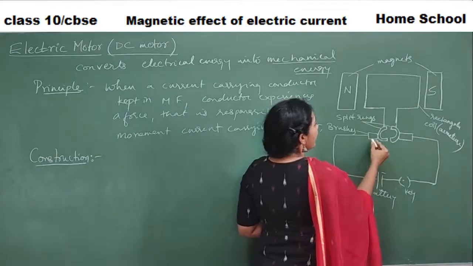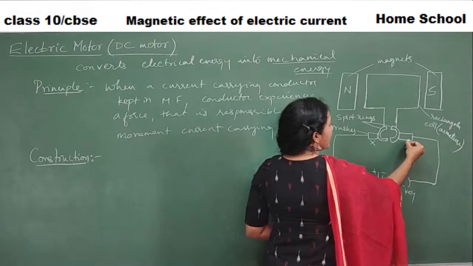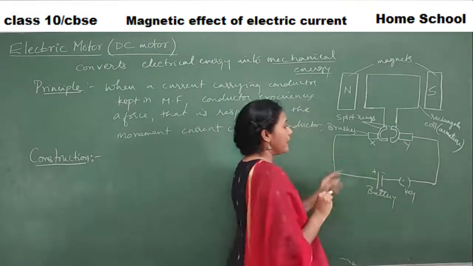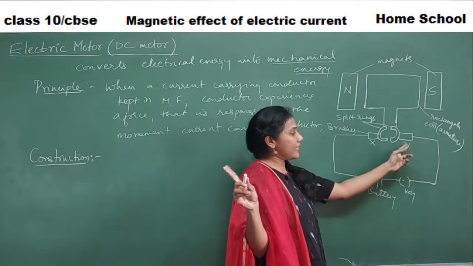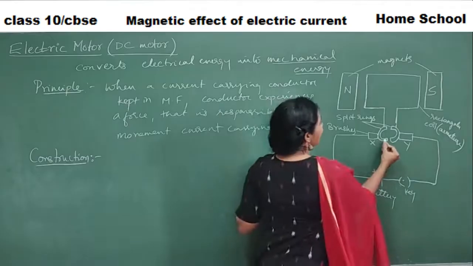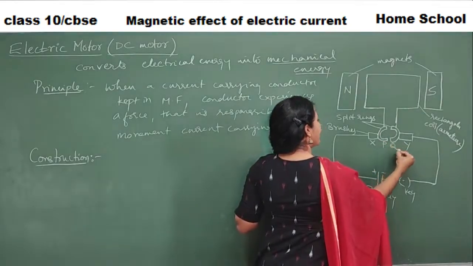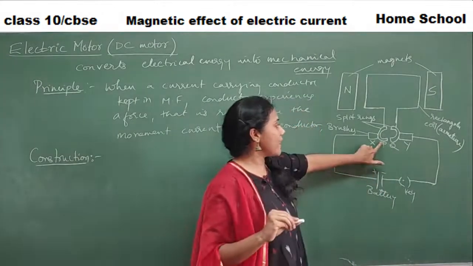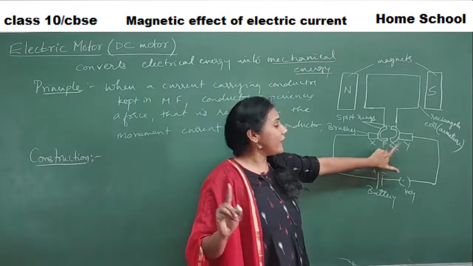Let me take this brush as X and this brush as Y: the brush on the left hand side is X, the brush on the right hand side is Y. And let me name this split ring as P and this split ring as Q.